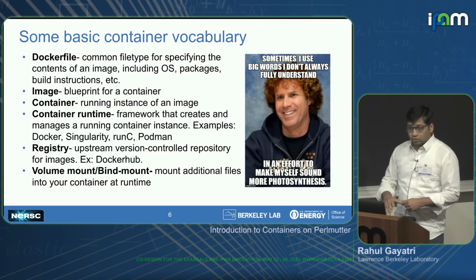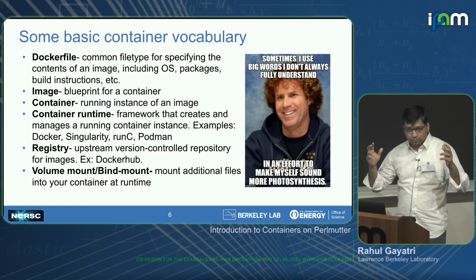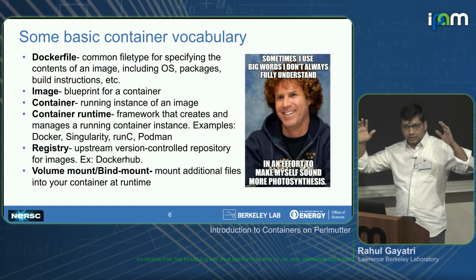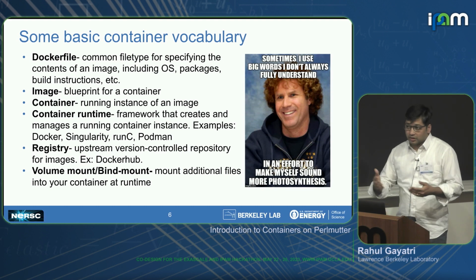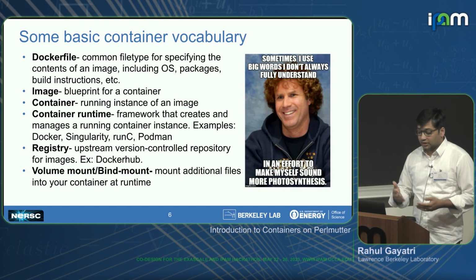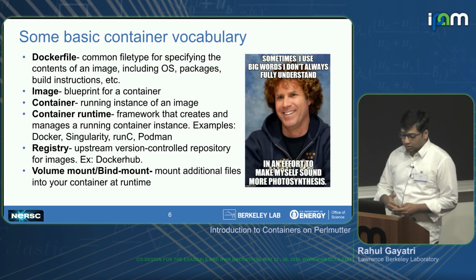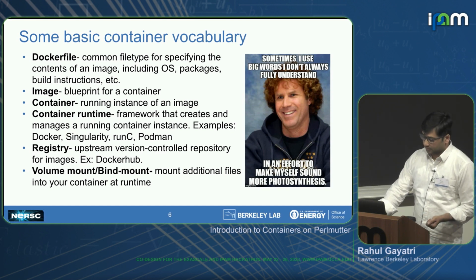And then, although we say the inside of a container is encapsulated software and you don't really interact with anything on the actual system, you can mount your file systems on it. Otherwise, the data that you're actually working on the machine will probably not be available to you. That is what a volume mount or bind mount does.